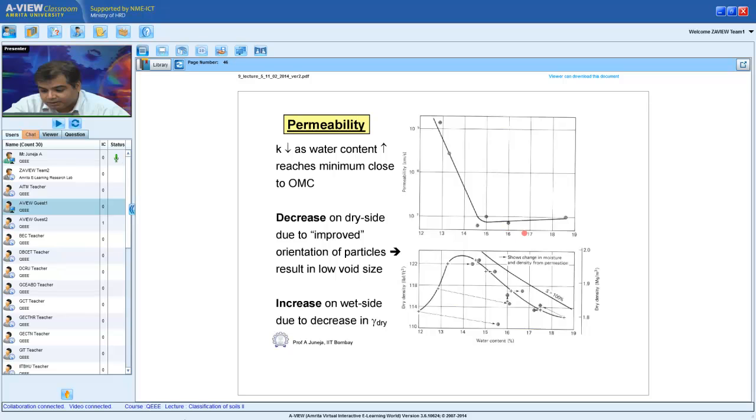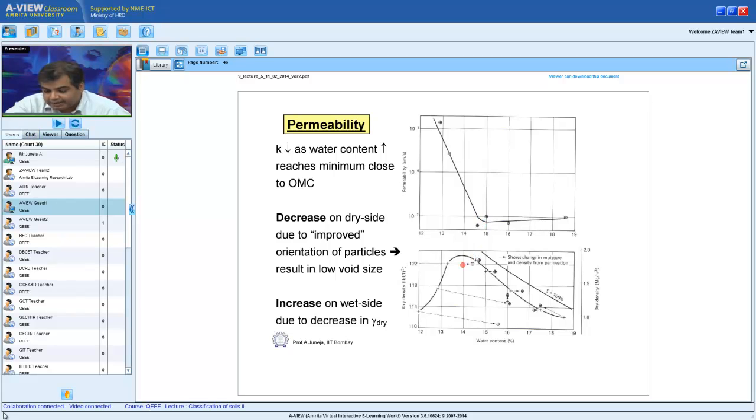As the water content increases from left to right, what we see is the permeability drops by more than 2 orders of magnitude. The minimum permeability is somewhere beyond the OMC. We probably will not concentrate too much on why the minimum permeability is slightly beyond the OMC.